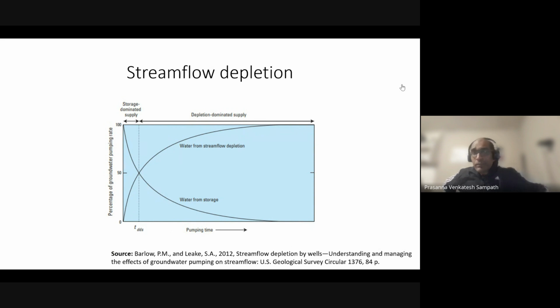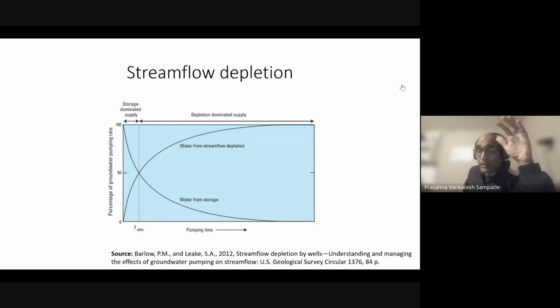Base flow also is not going to remain constant as a function of time. Like you said, during summer, base flow will be at its lowest, and in the monsoon period or after the monsoon period, base flow will also increase with time. Whatever the base flow is, if the pumping well is able to capture a portion of it, that results in stream flow depletion.